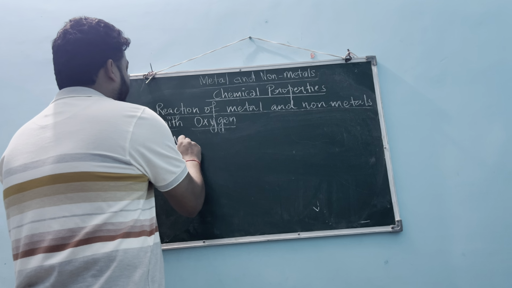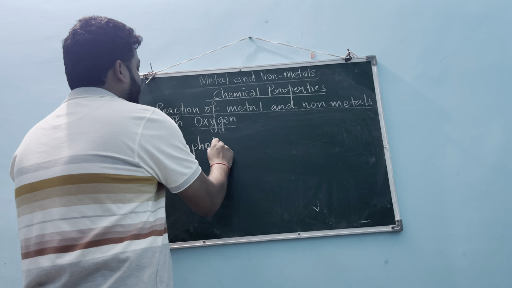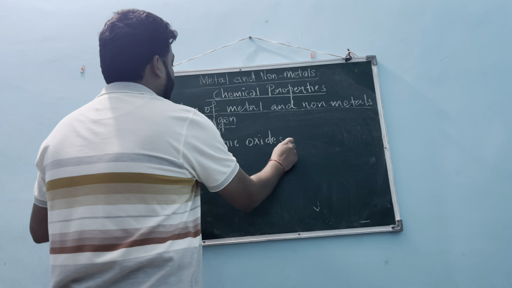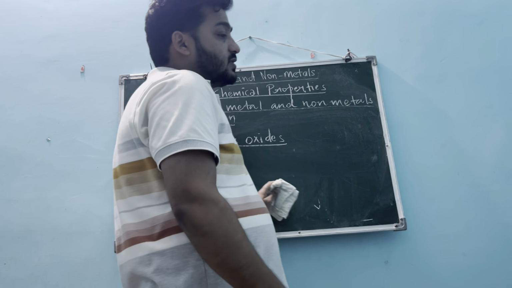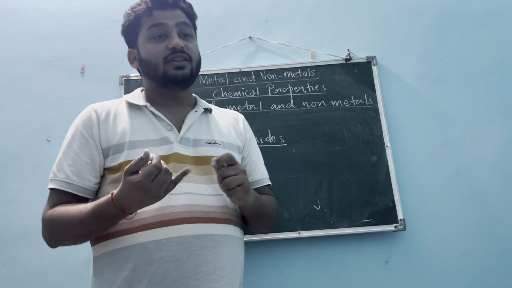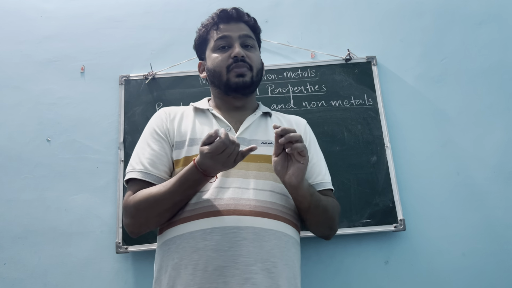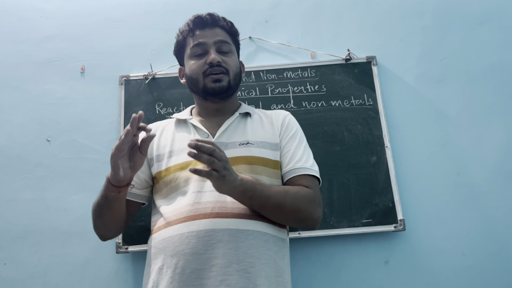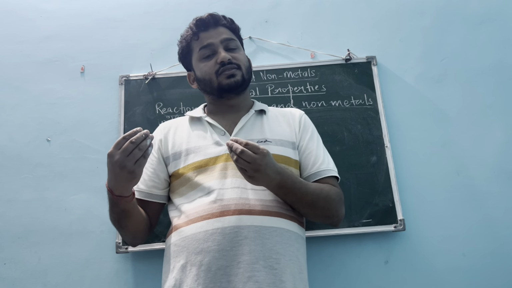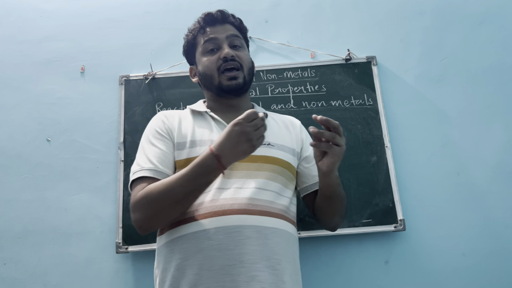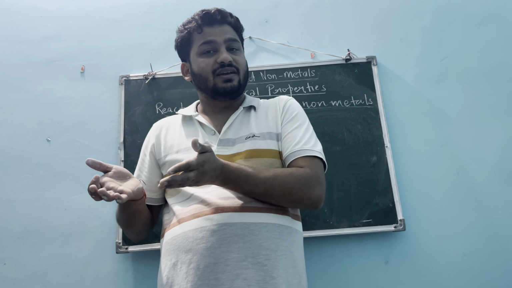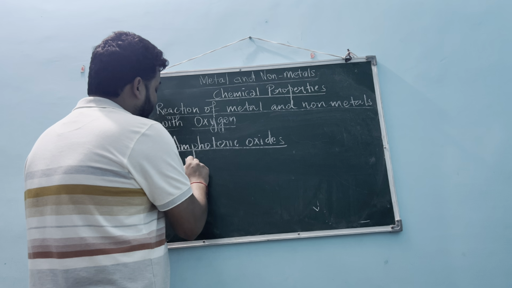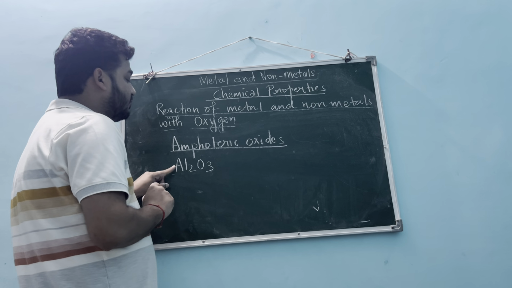Amphoteric oxide means that although metal oxides are basic in nature, when these oxides react with acid they act as a base, and when they react with a base they act as an acid. Al2O3 is an example. It is an amphoteric oxide.